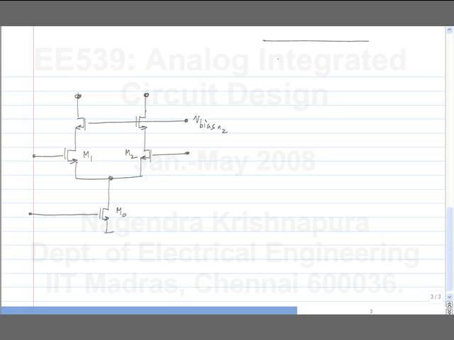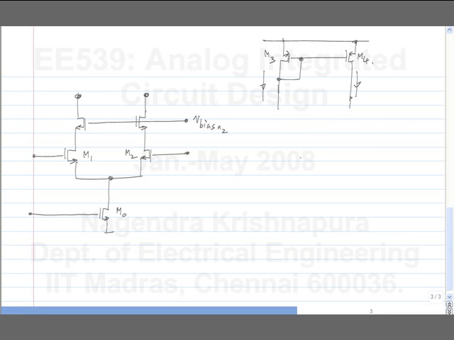So originally the active load was this. What do I use instead of this one? PMOS Cascode. So which side will I do that? M3 or M4 or both? Both. So I would like the mirroring also to be accurate.